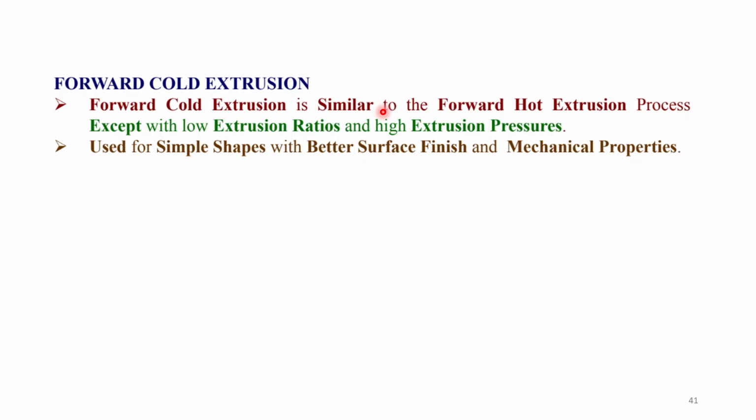It is used for simple shapes with better surface finish and mechanical properties. In the final product, you will have a lot of plastic deformation and a high dislocation density, so it will have better strength and hardness compared to hot extrusion.